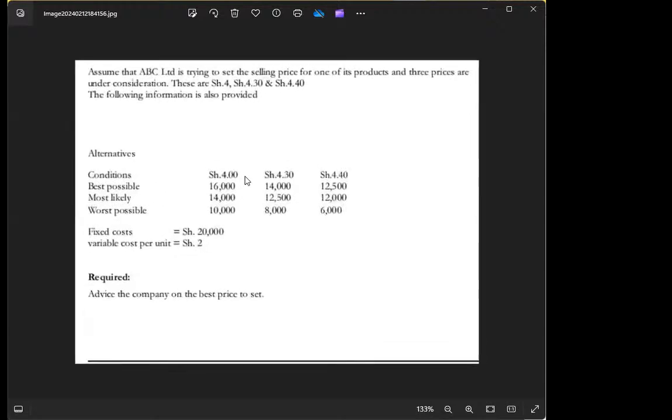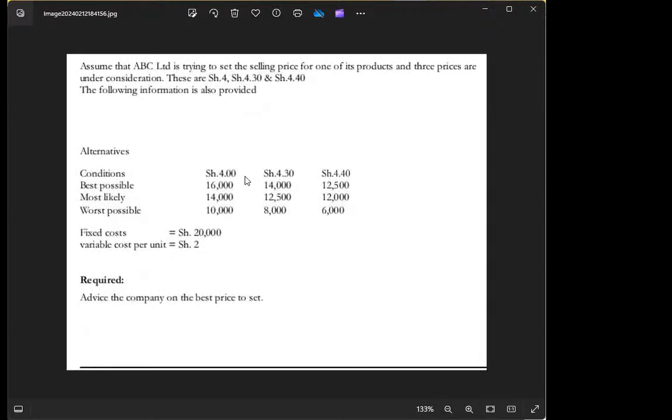So you're being told, assume that ABC Limited is trying to set the selling price of one of its products and 3 prices are under consideration. These are shillings 4, shillings 4.3, and shillings 4.4. The following information is also provided: units of output.